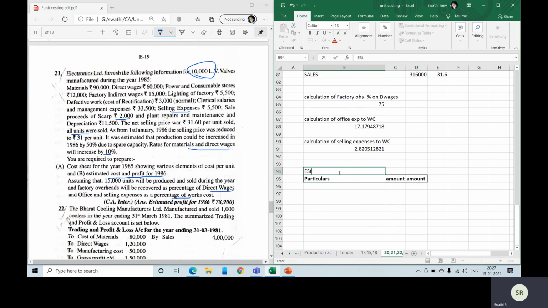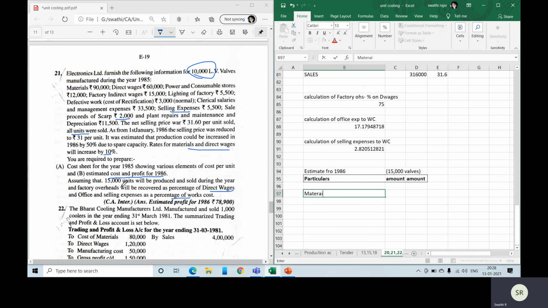For 1986, how many units are you actually assuming to be produced? It is 15,000 units or 15,000 walls in this question. Now, what is given to us about materials?